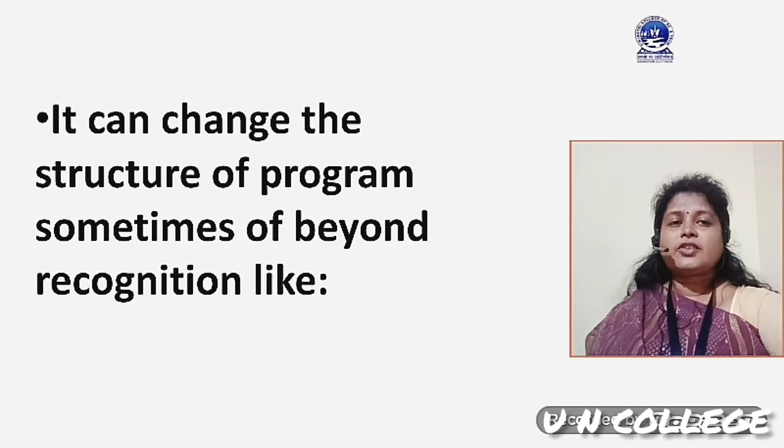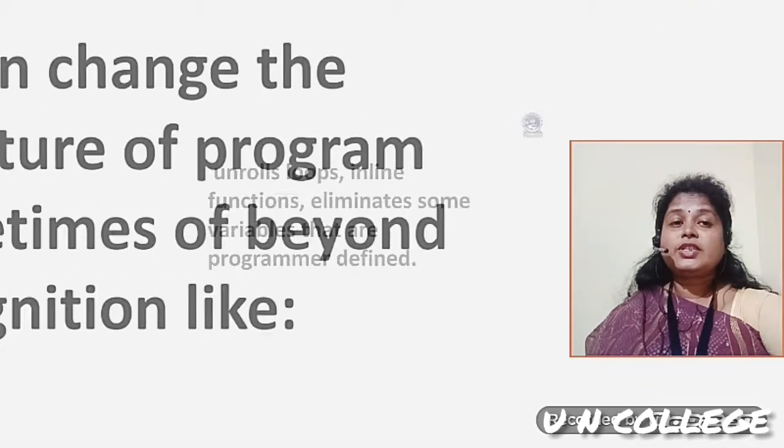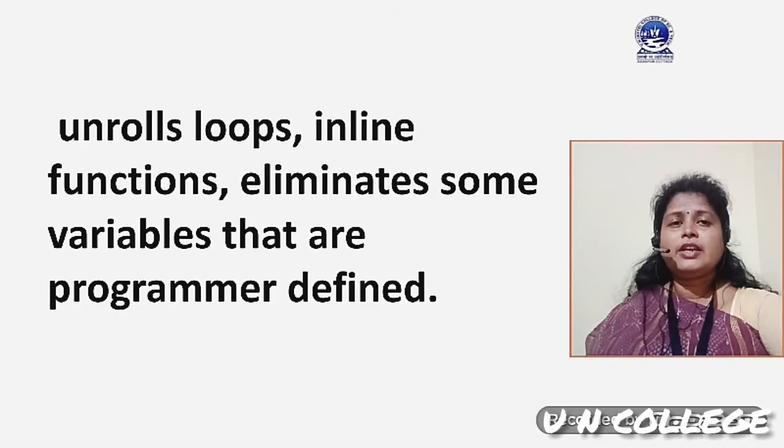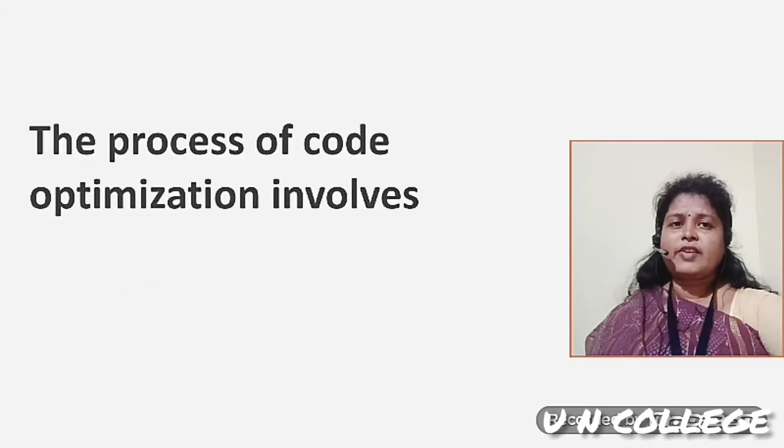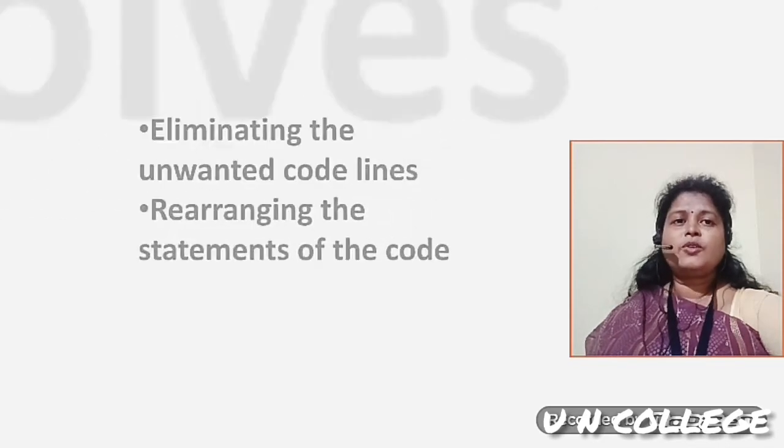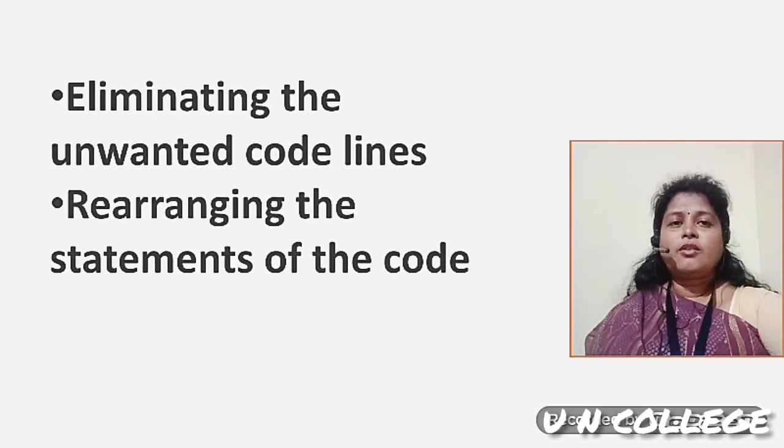It can sometimes change the structure of the program beyond recognition. For example, it emphasizes unrolling loops and inline functions, and it eliminates some variables that are programmer defined. Actually, the process of code optimization involves eliminating unwanted code lines and rearranging the statements of the code.